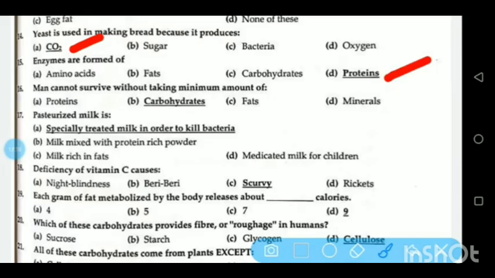Man cannot survive without taking minimum amount of carbohydrates. Pasteurized milk is specially treated milk in order to kill bacteria. Deficiency of vitamin C causes scurvy. Each gram of fat metabolized by the body releases about 9 calories.